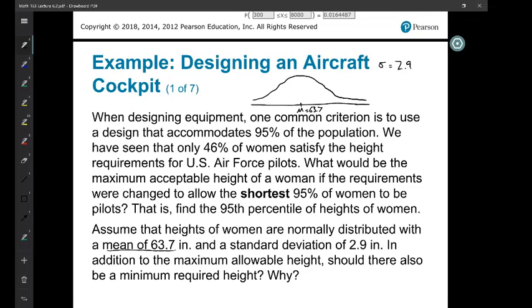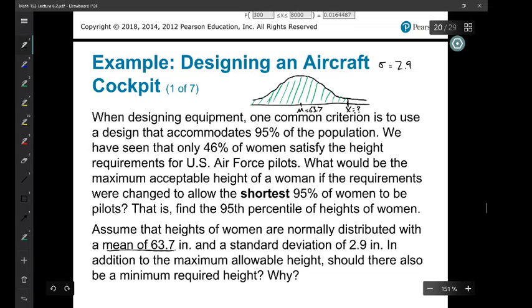So 95% of women would be some x score here that we don't know, that segments off all the area under the curve going in the decreasing height direction, smaller heights, up to that maximum height, which cuts off 95% of the area under the curve. That will give us the height that represents the 95th percentile of women's heights.